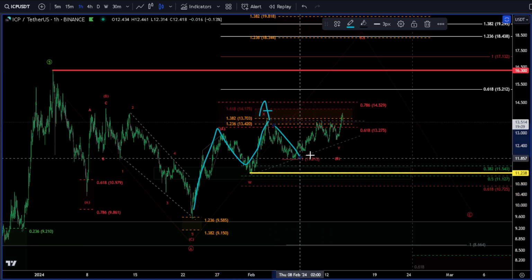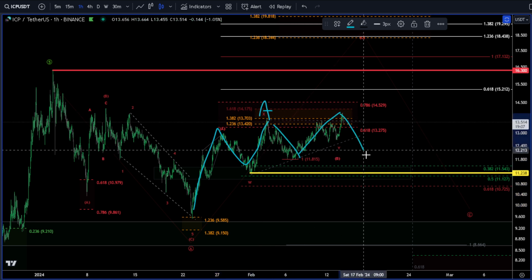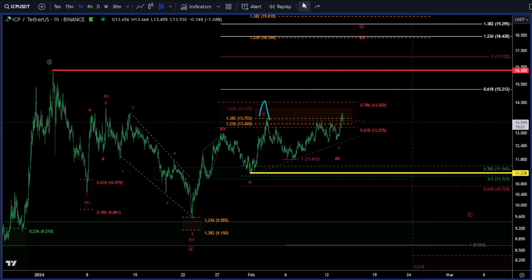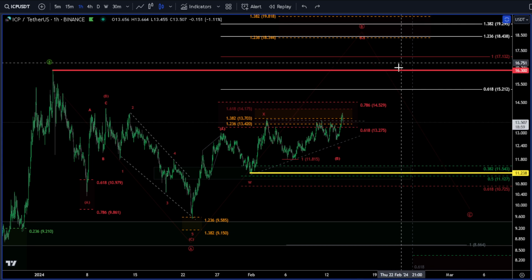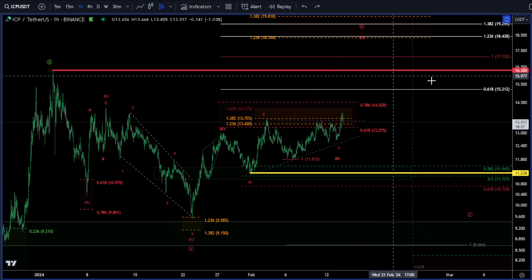But it would be a very similar move. This would be an A, B, C. You can see it's very similar. It doesn't really matter between those two, except for our expectation after the fact, in which we'll see what waves form out when we're near target.